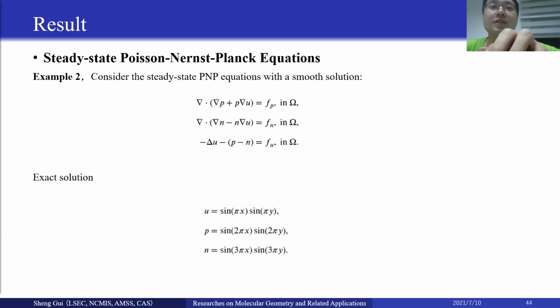Okay, we consider the steady state PNP equations with a smooth solution as follows. Here the computational domain omega is the cube in two dimensions.